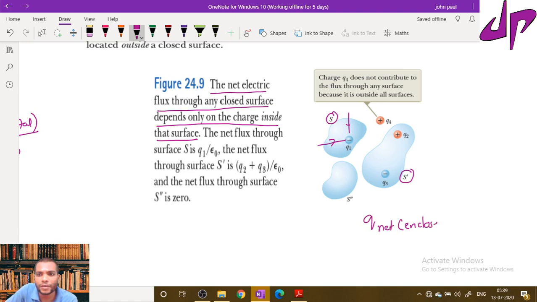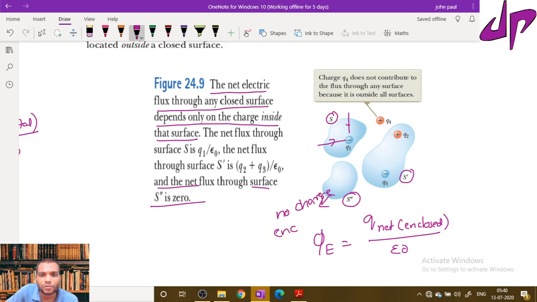These words are very important to write the net electric flux. And for the third surface S double dash, the net flux is 0, because no charge is enclosed in the surface.